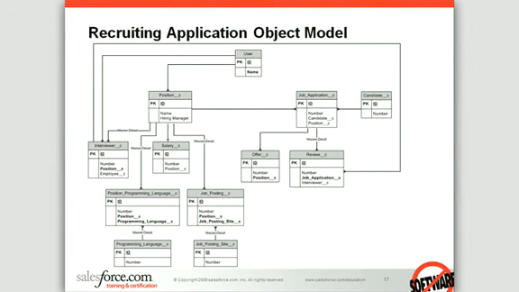All right, and then like I said, we have the reviews, which are related to our job applications. So when a user of our system is interviewing a candidate for an open position, they would fill out a review associated with that position in order to give a review of the candidate's suitability for a specific position. There's also offers, which represent an offer that we would extend to a candidate.